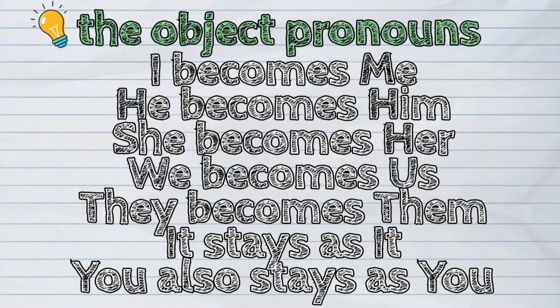Here are the 7 basic pronouns that take on different forms when used as object pronouns rather than as subject pronouns. I becomes me. He becomes him.